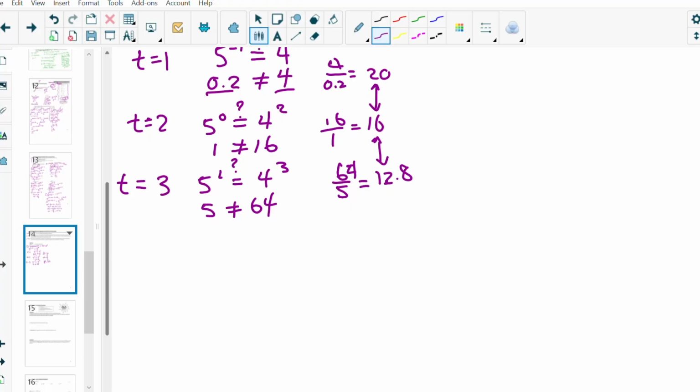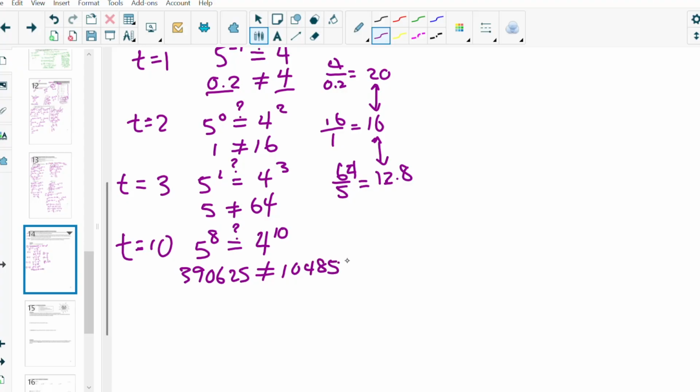That's going to take a while, so let's do a couple of jumps. I'm going to go t equals 10. What happens when I do t equals 10? That's 5 to the 8. Does that equal 4 to the 10? That's 390,625, which definitely does not equal 1,048,576.